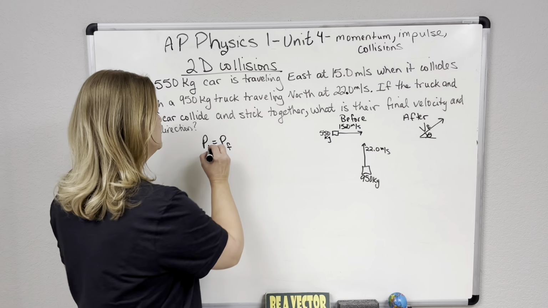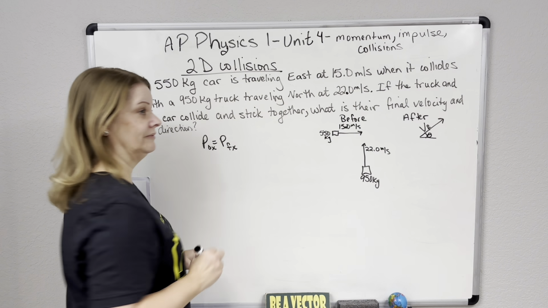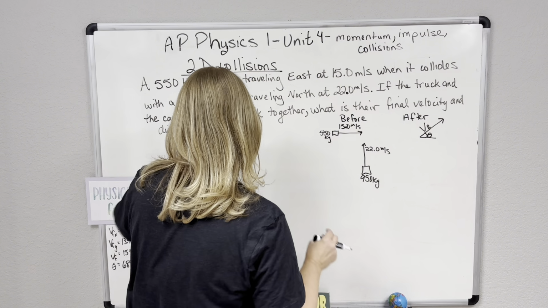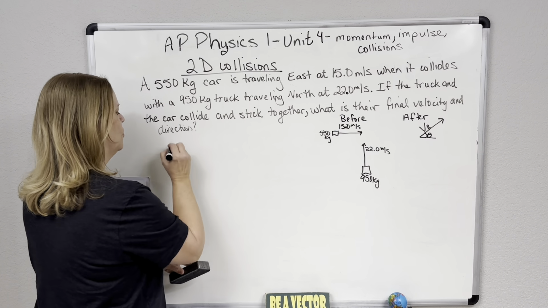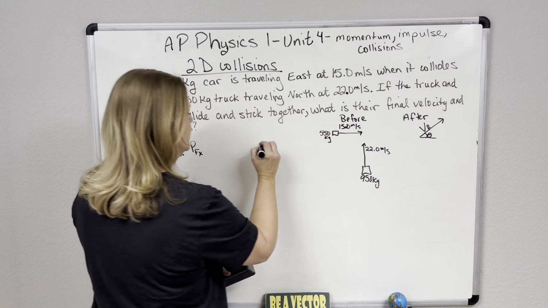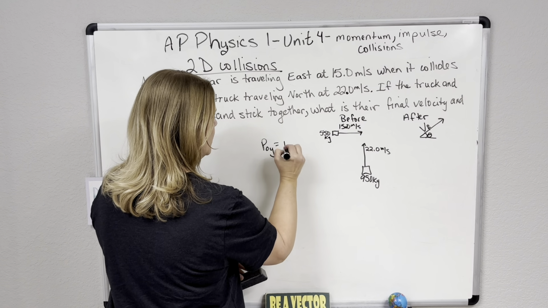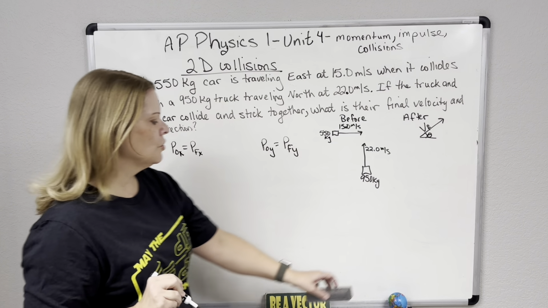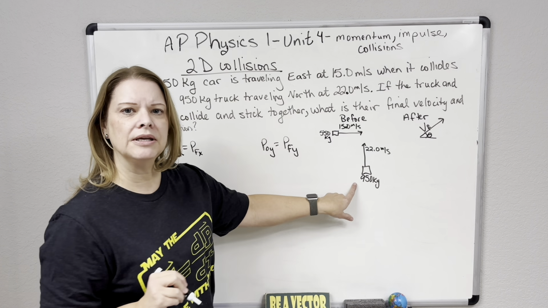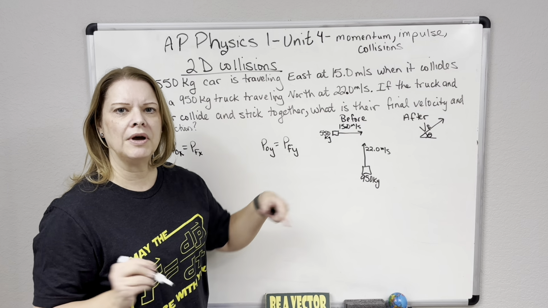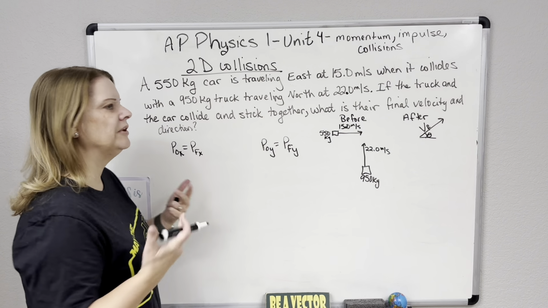Momentum in the x direction is conserved, and momentum in the y direction is conserved. Okay? So you can't combine x and y, just like in projectile motion. You could not combine the x and the y directions. Those are different. Things are happening differently.